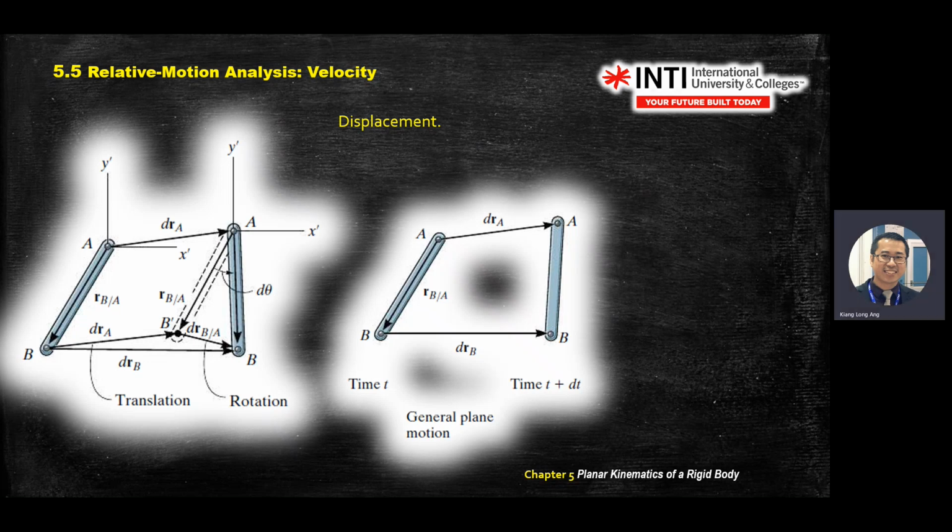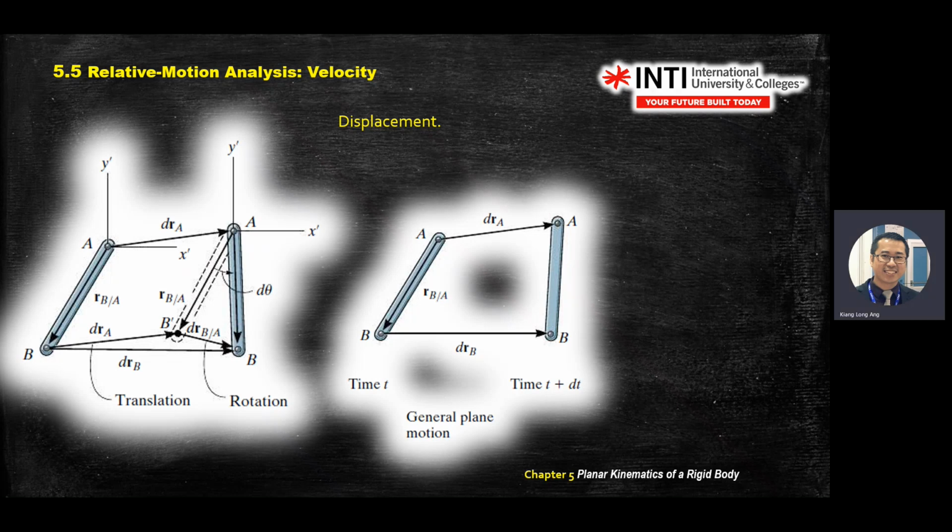Then how to reach this position? You turn it, right? So there are two motions. One, translate the original to point A, then you rotate through a certain angle. And then you complete the vector again.